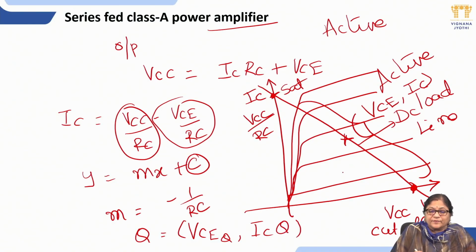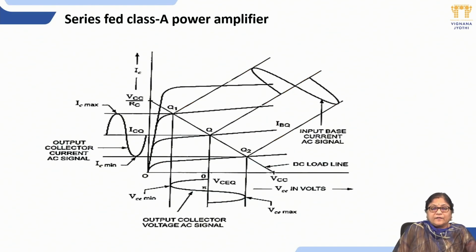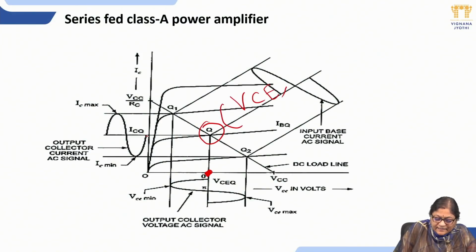From this we have to derive what is the DC power and AC power. So we'll see once again this one. This is the Q point, on the x axis VCE, on the y axis ICQ.